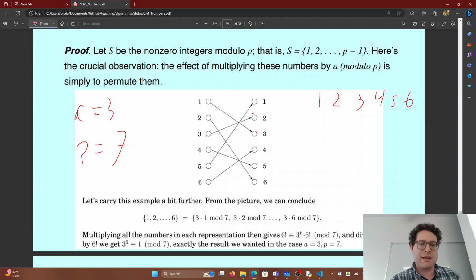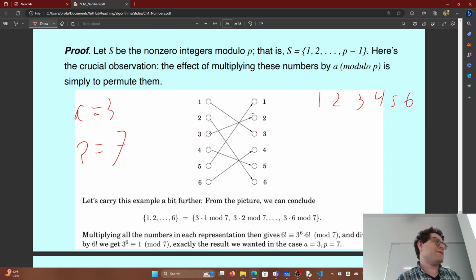And 1 goes to 3, and 3 goes to 2. Basically, it gives us a loop. That's what it's showing us. So if we multiply 1 by 3 in mod 7, we get 3.